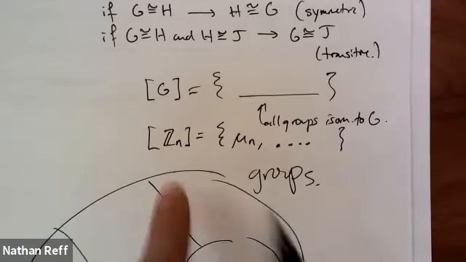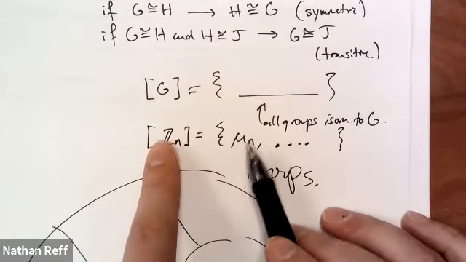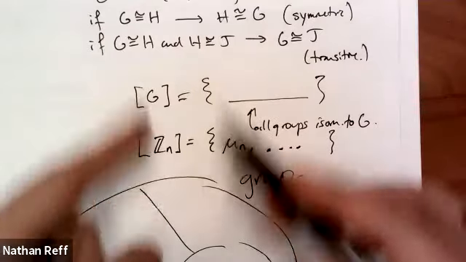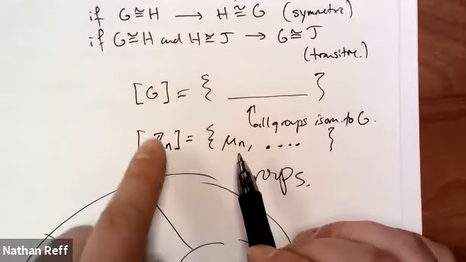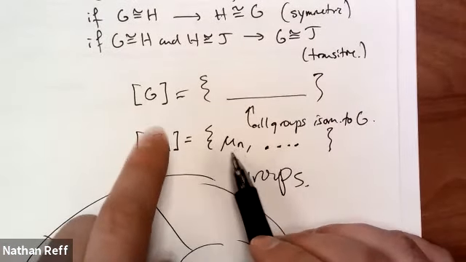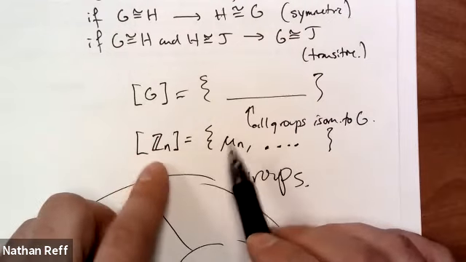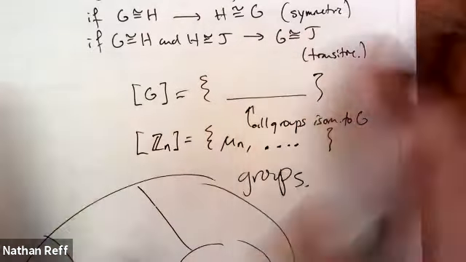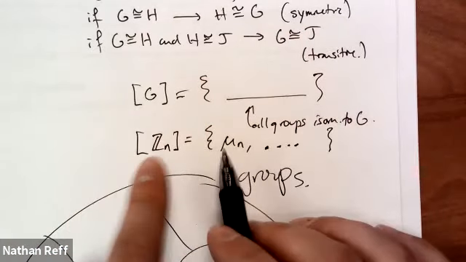Just like here, I have two groups that are equal because I consider them the same because they're isomorphic, but they are definitely different, right? The elements are different and the operation's different, but they behave and act exactly the same way. So I consider those the same.